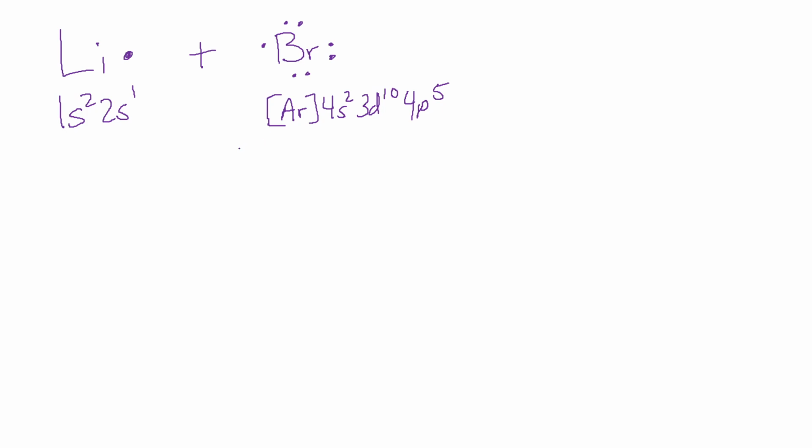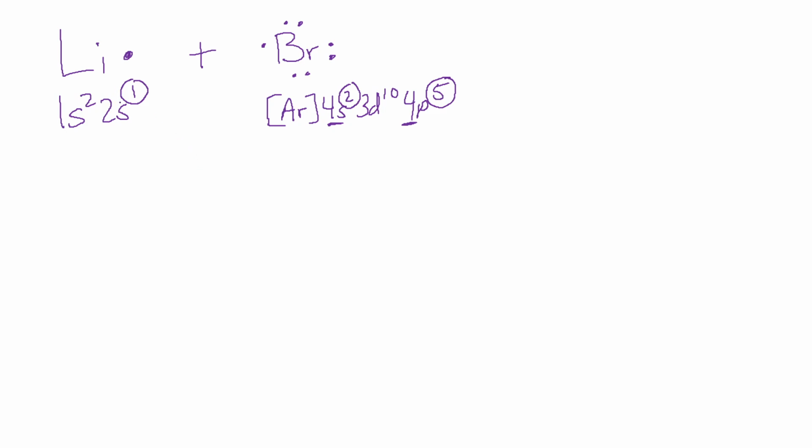And in the case of bromine, it is our 2 and our 5 here, which are 7 valence electrons. They are in the highest energy level, the 4th energy level. Over here, it is our 1 valence electron.